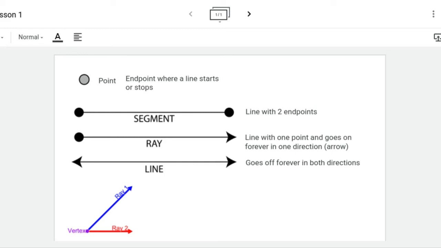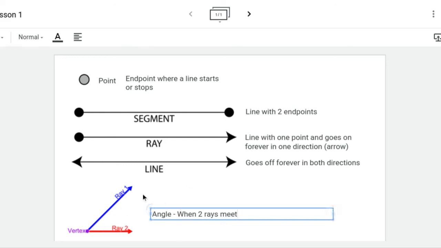And then our final thing is an angle. We need to know what an angle is. An angle is what happens when two rays meet. When two rays meet, they form an angle. We're going to be exploring that later in this mission as well.